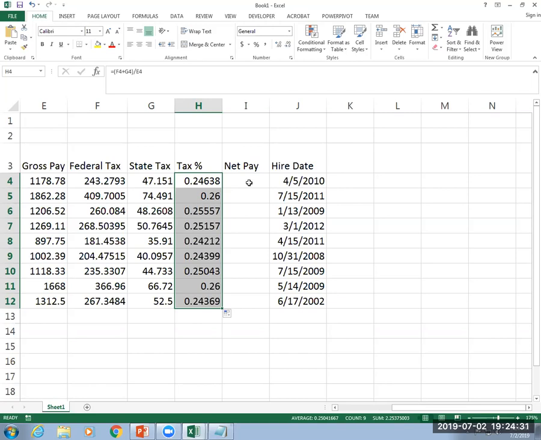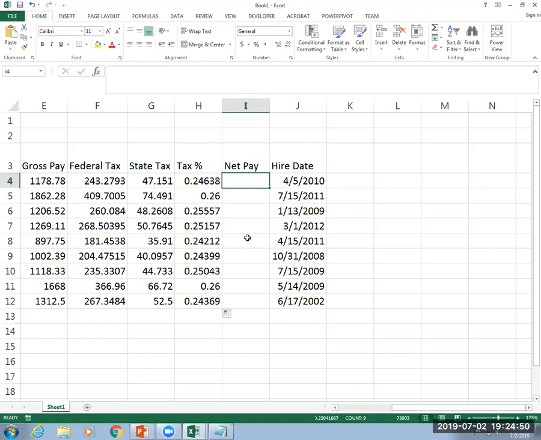All right, and then the net pay is going to be the gross pay minus the federal tax minus the sales tax. There are a couple of ways that you could do this. You could do it the way the book tells you to do it, or the way that I would normally do it.